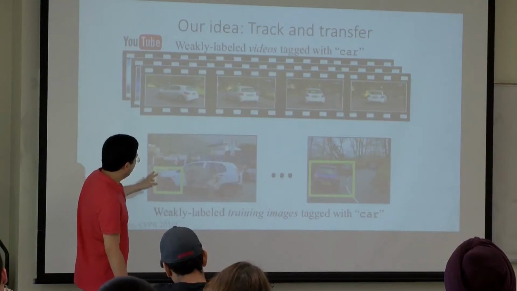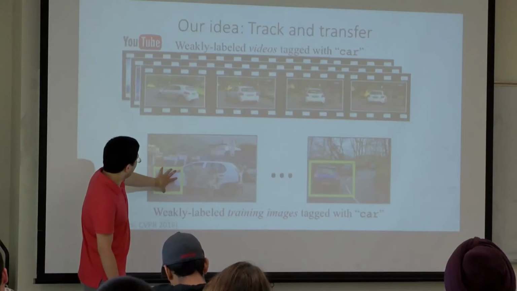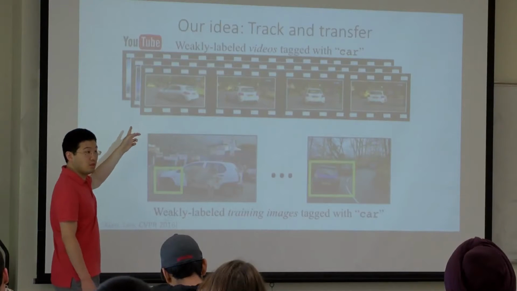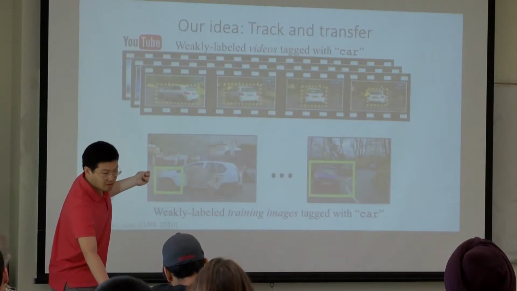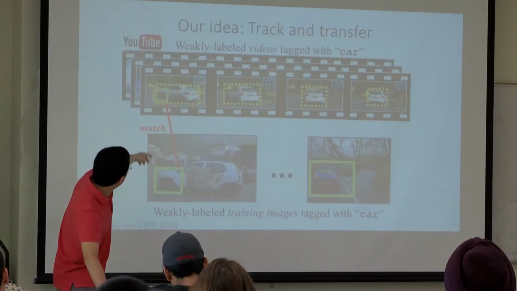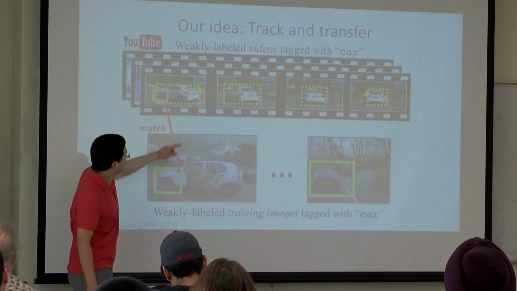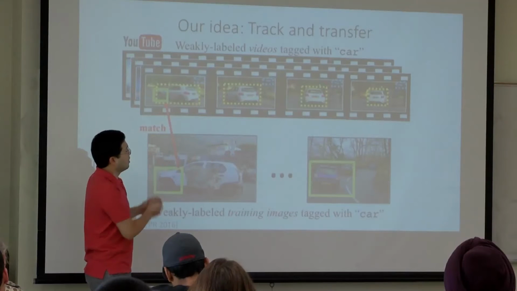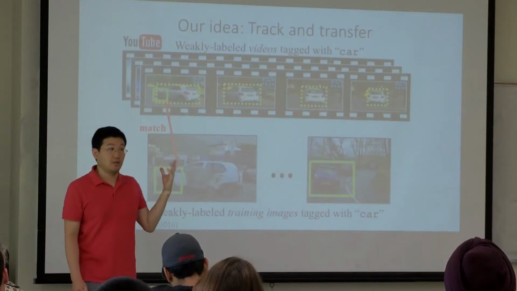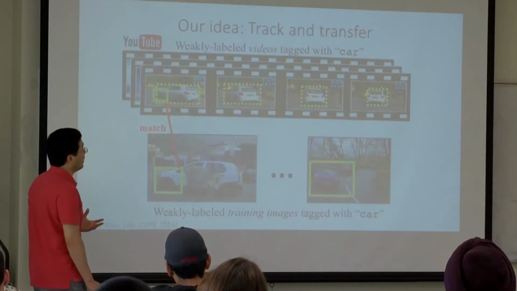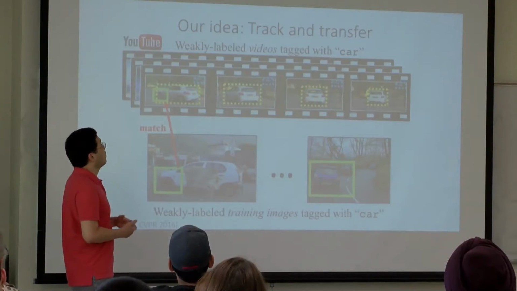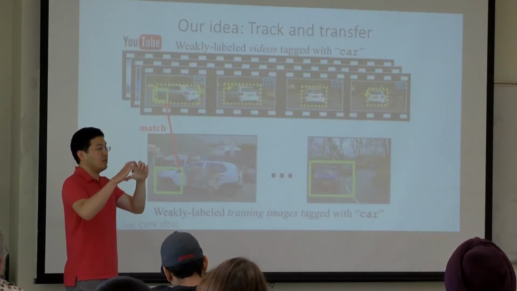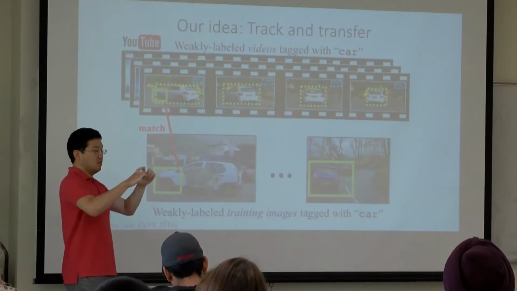For each video, we compare this region to all the frames in the video. Once we find a good match, we retrieve the tracked boxes that were generated using a video tracking algorithm. The tracking algorithm doesn't need to know whether it's a car or some other object; it just generates boxes around the moving regions.